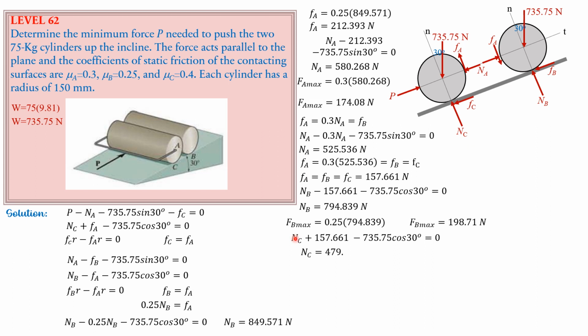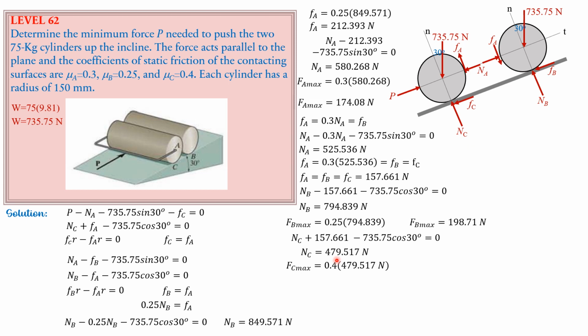So N sub C is equal to 479.517 newtons. Then, having found NC, we also compute FC max to check if the frictional resistance at C is enough to make the cylinders in equilibrium.